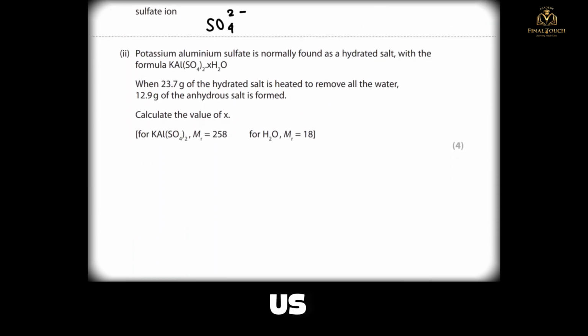Part 2 tells us potassium aluminum sulfate is normally found as a hydrated salt with the formula this. When 23.7 grams of the hydrated salt is heated to remove all the water, 12.9 grams of the anhydrous salt is formed. Calculate the value of x. So the mass of the hydrated salt is this one.